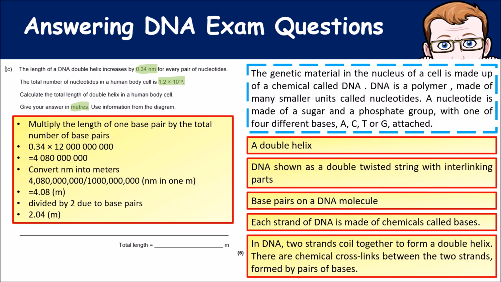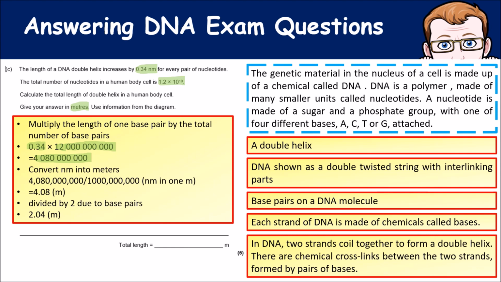To start off with, we need to multiply the length of one base pair, which we've got, by the total number of base pairs. So we're multiplying 0.34 by 1.2 times 10 to the power of 10, which gives us 4.08 times 10 to the power of 9, give or take.